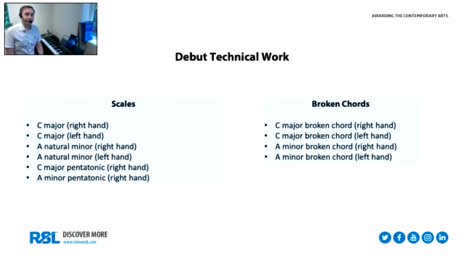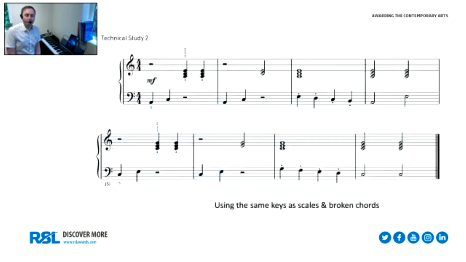There is one extra element, though, of the technical work, and it's what we call a technical study. So there is the example that's taken from the debut grade book, printed in the grade book. And for me, the great thing about this is that it's not just a study that's been composed in isolation.